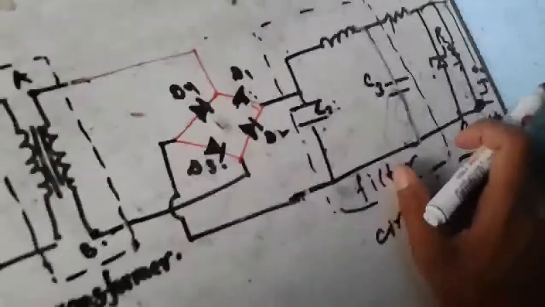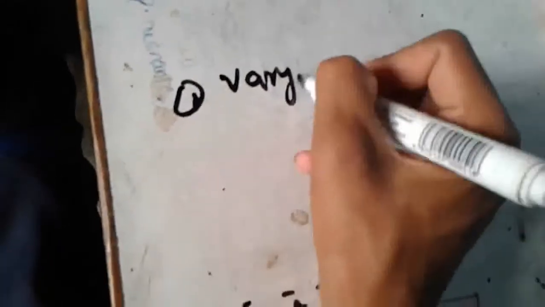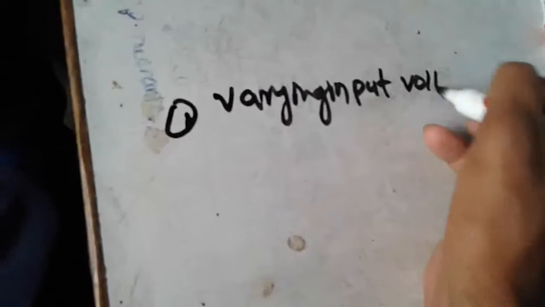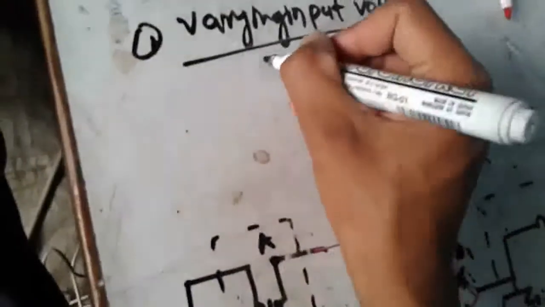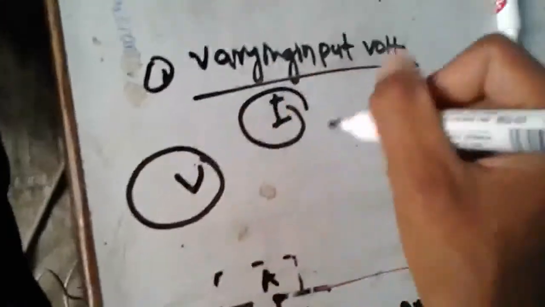Now for the regulation with varying input voltage: when the input voltage VI increases, the input current I also increases.